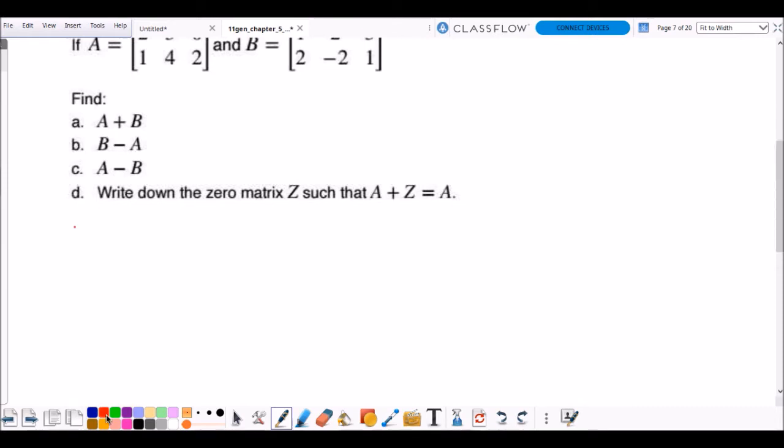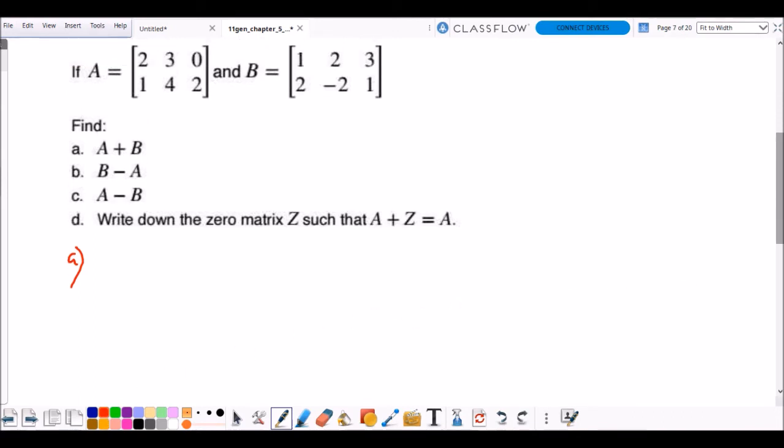So let's do part A, A plus B. This is how I want you to show your working out. I would go matrix A plus matrix B. So A plus B would be 2, 3, 0, 1, 4, 2 plus the B matrix right there, 1, 2, 3, 2, negative 2, and 1.